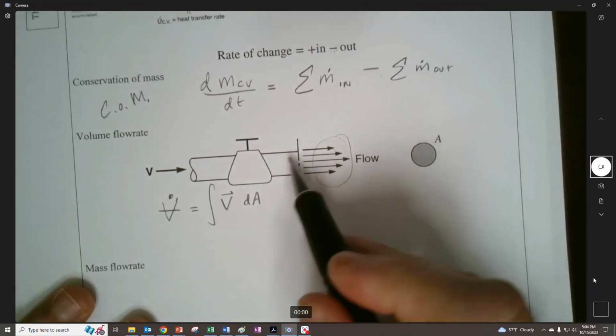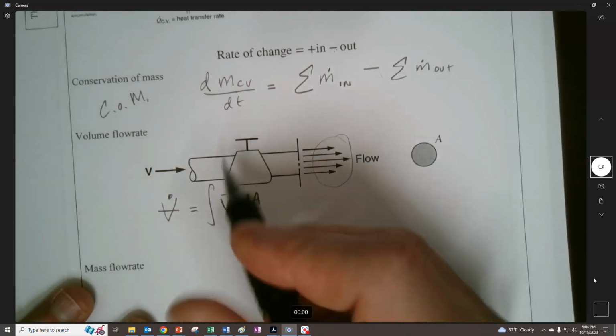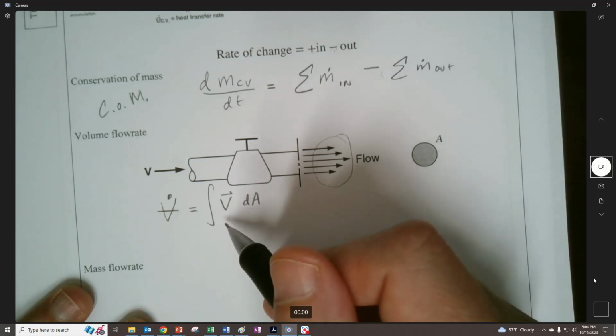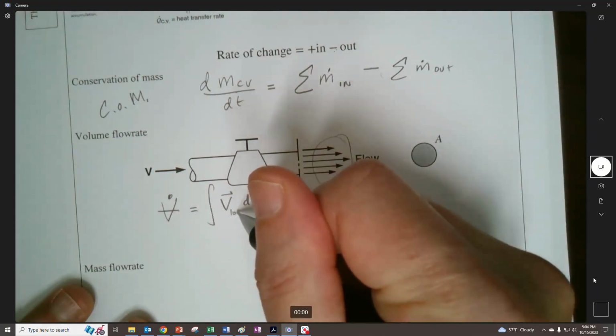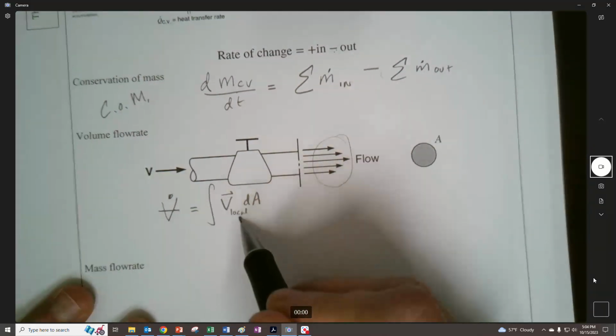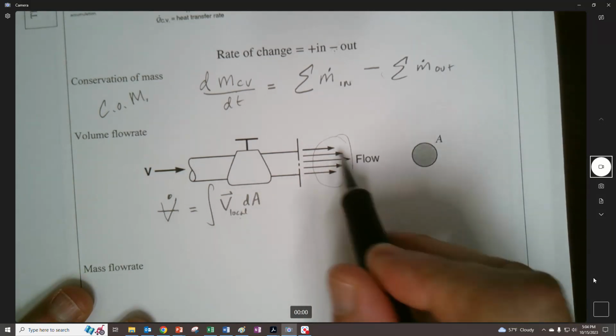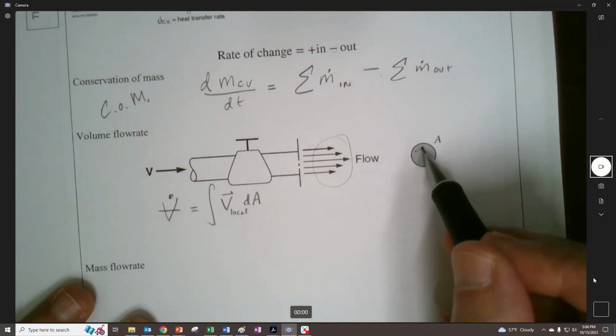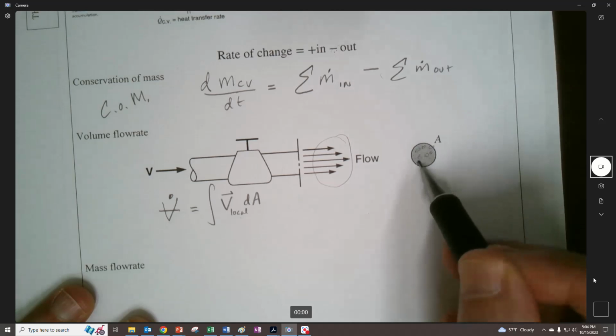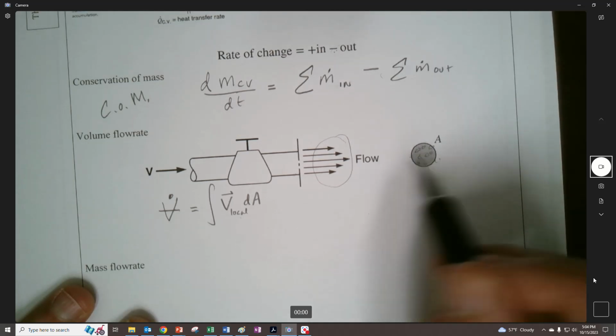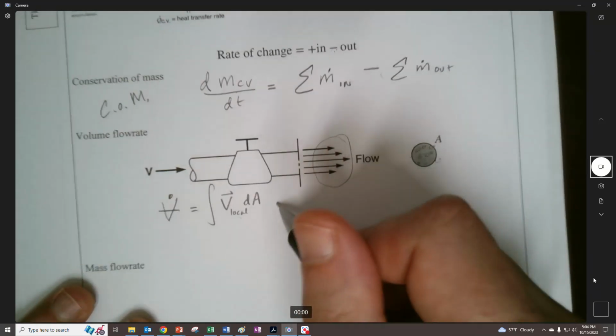Right, so we have little different areas and find the velocity at each area right there so that we could get the entirety. And a lot of times I think the book decides to call that the local velocity. So at each of these different spots, we would find different little tiny areas and then find the velocity. And so that would be the total volume flow.